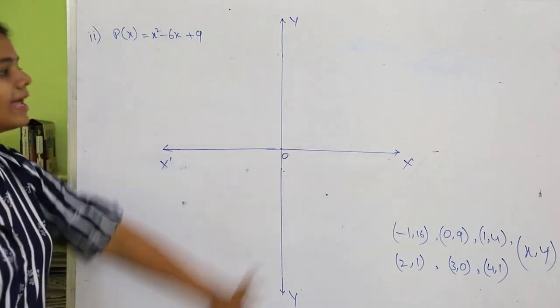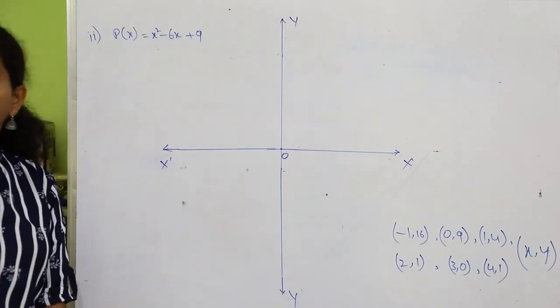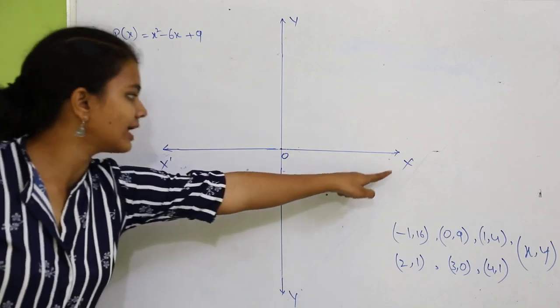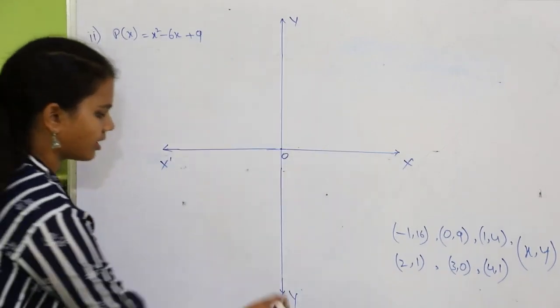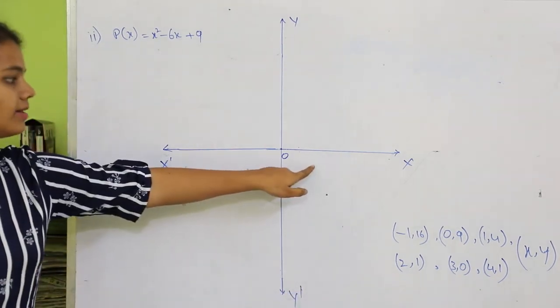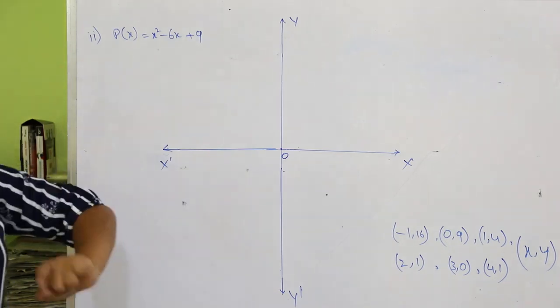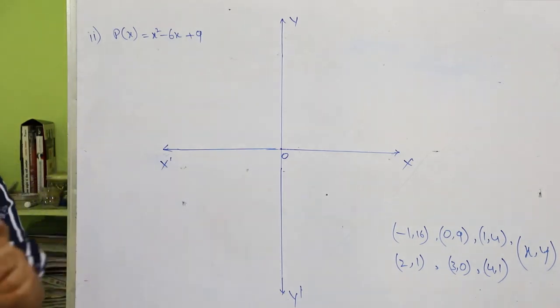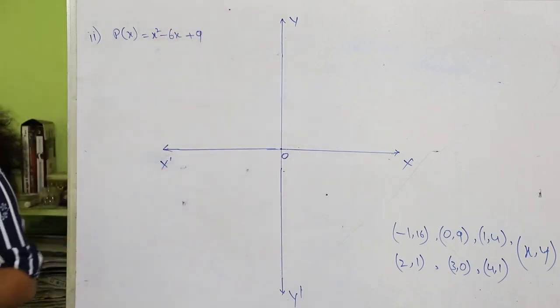Now you must mark these points on the graph. The next step is to mark the points, where you have the x-axis, x dash, and the y-axis, y dash. The x-axis will have all the positive values, and the x dash axis will have all the negative values. Clear?